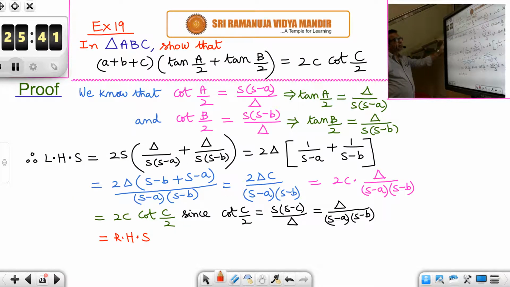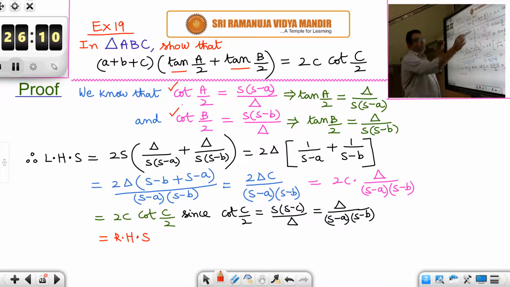19. In a triangle ABC, show that A plus B plus C into tan A by 2 plus tan B by 2 is equal to 2C into cot C by 2. Okay. For tan A by 2 and tan B by 2, in the last class I have mentioned these two formulae, and I have told you these are very, very, very important formulae. Which formulae?